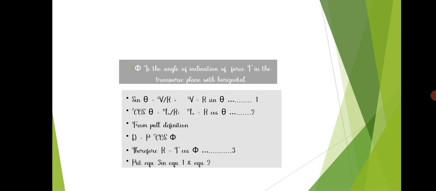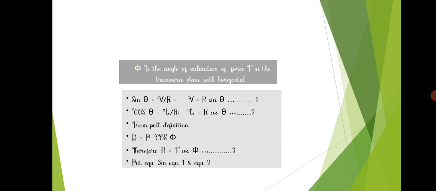Sin theta is equal to V by R. V is equal to R sin theta. Let's take this as equation 1. Cos theta is equal to L by R. So L is equal to R cos theta, and take this as equation 2.